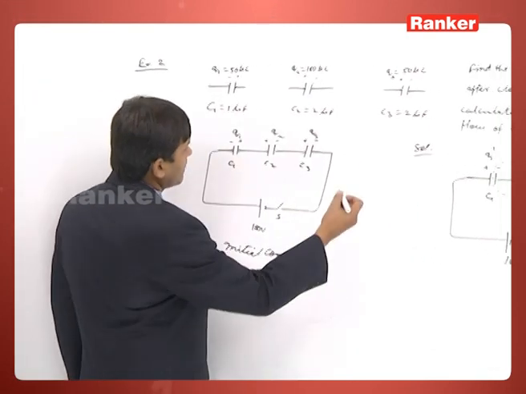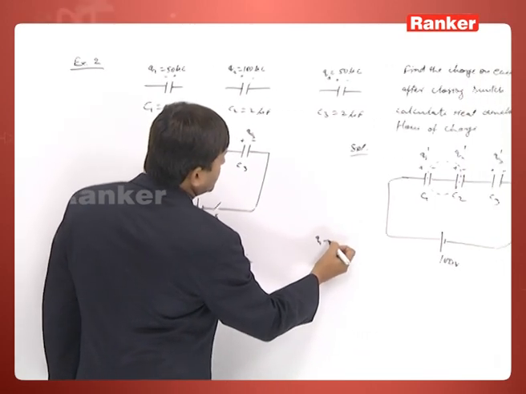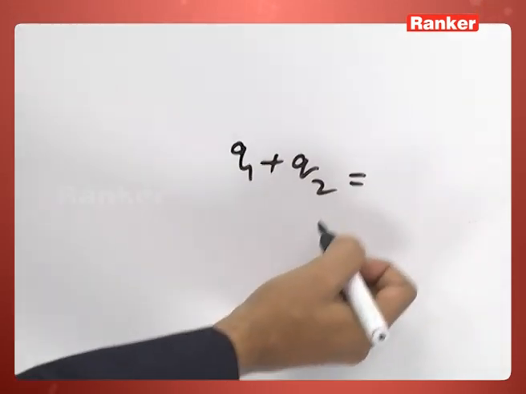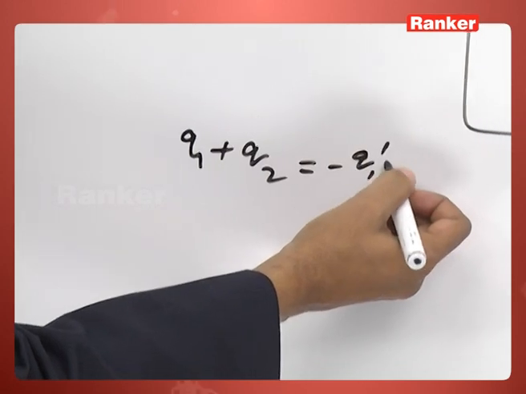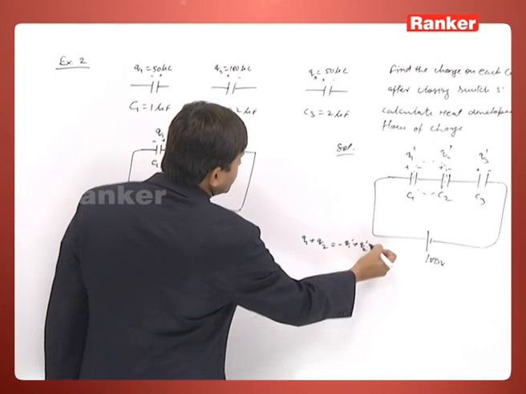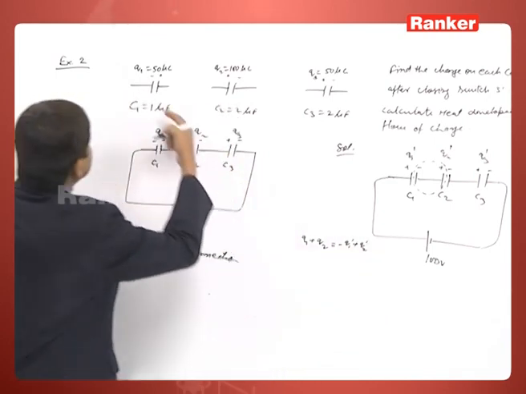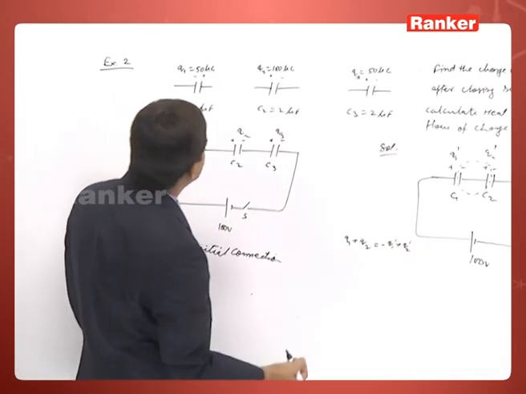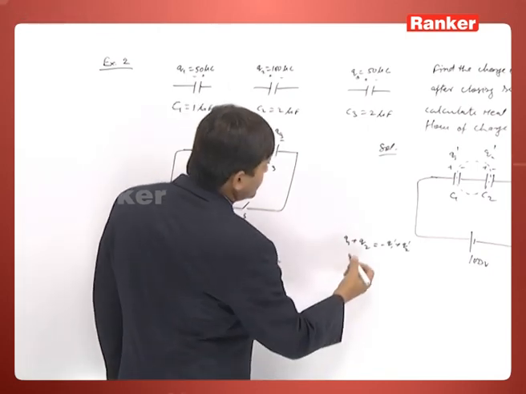So see, Q1 plus Q2 is equal to minus Q1 dash plus Q2 dash. So this is the first equation, and if we want, we can substitute the values also. Q1 plus Q2 is 100 plus 50.